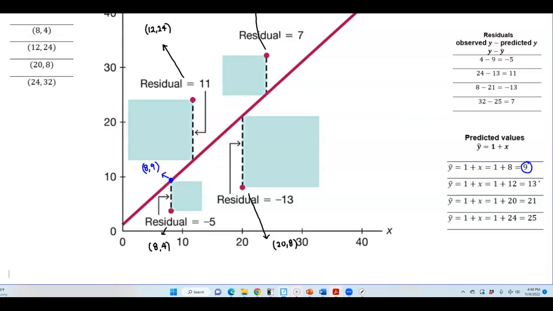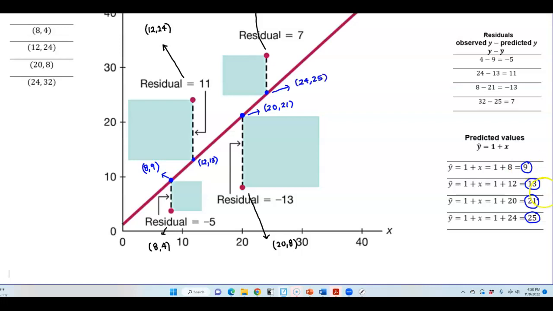The next predicted value is 13, and that means this point right here represents (12, 13). The next predicted value of 21 means this point is on the line, and that represents (20, 21). Then this point is going to have the predicted value of 25, and therefore that's (24, 25).